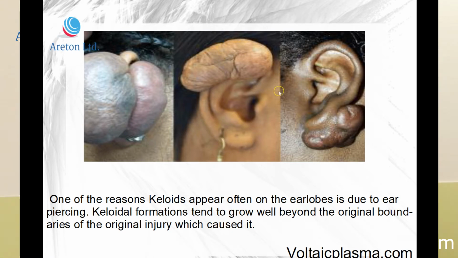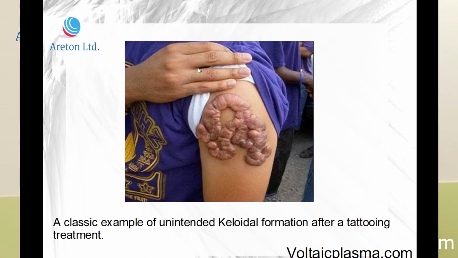A slight infection and so on can trigger them, and then they are so unsightly that you want to have them removed. But really, keloids are not a medical condition because you can keep them. They're not going to cause any problem to anyone. They're just very unsightly. That's all they are.